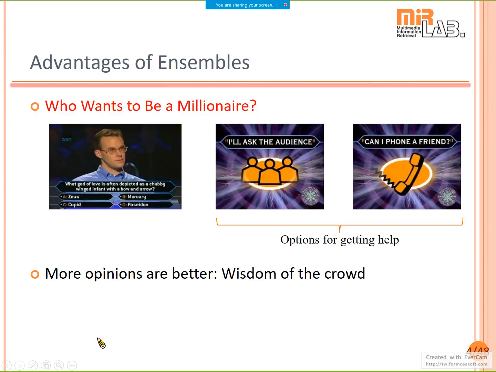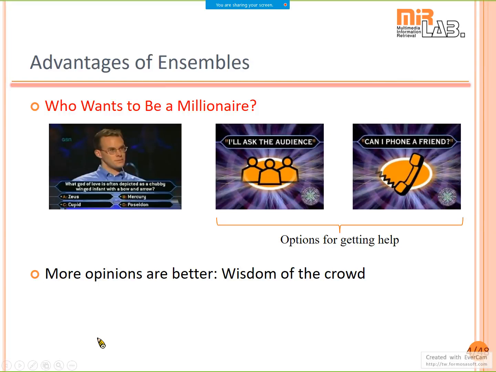So what's the advantage of ensemble? What's the advantage of using, say, many classifiers instead of a single one? If you know the TV game show Who Wants to Be a Millionaire, the contestant is given a series of multiple choice questions, and whenever he cannot answer the question, he has two choices.